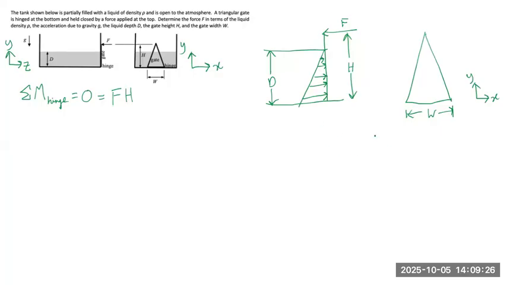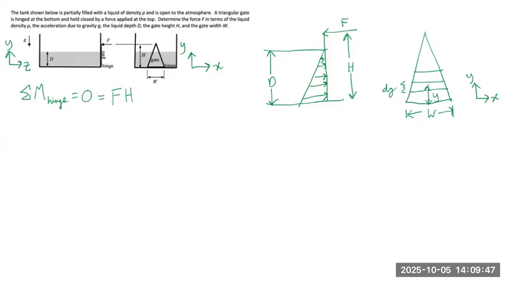To best do this, we can divide it into strips. And each differential height will be dy. And each distance of the area from the bottom will be at a distance of y.